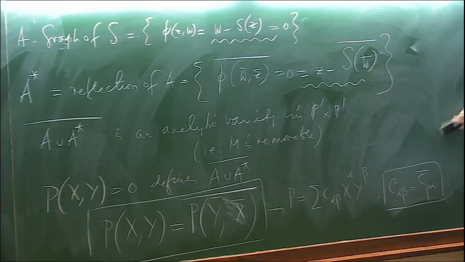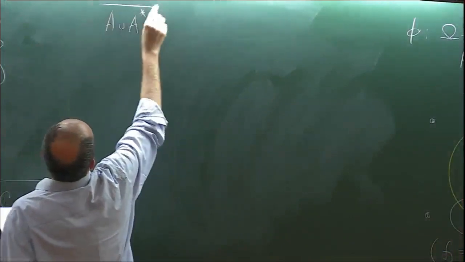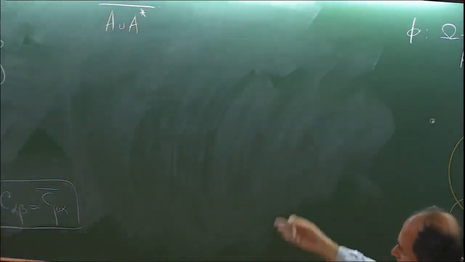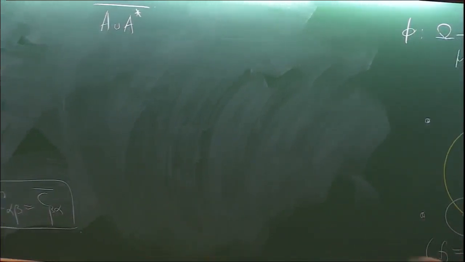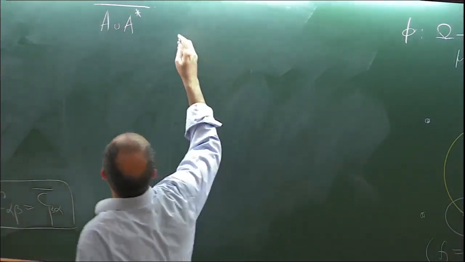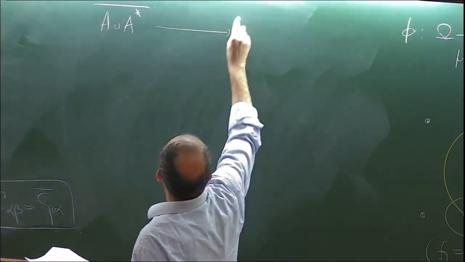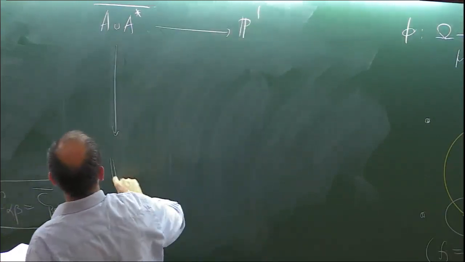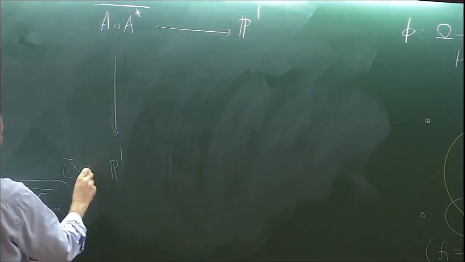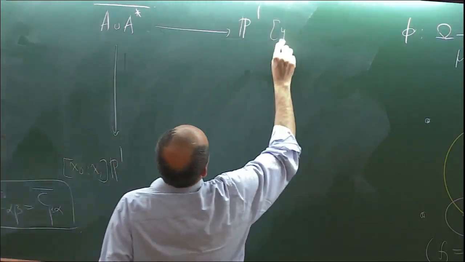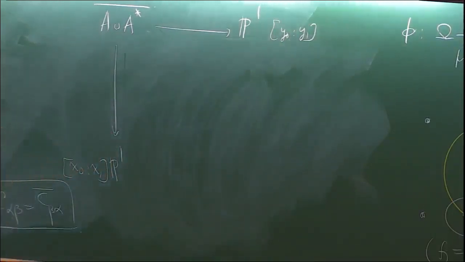And now let's analyze this variety a little bit in detail to get more information about the quadrature domain. Okay. So here is the closure of A union A star, which is defined by P equal to 0, P having that extra property. This is a subset of P1 cross P1. So I can look at the projections onto the separate factors here. The natural projections.